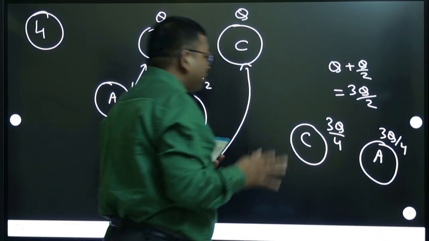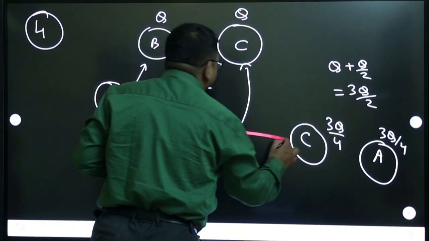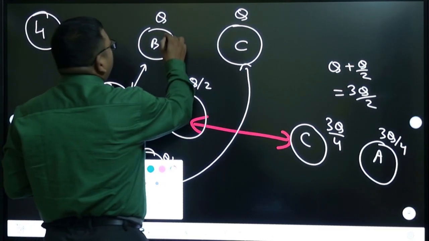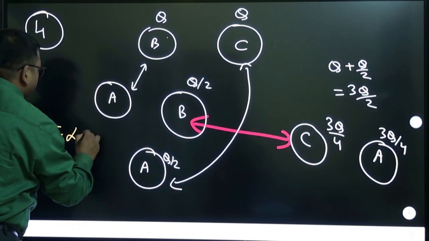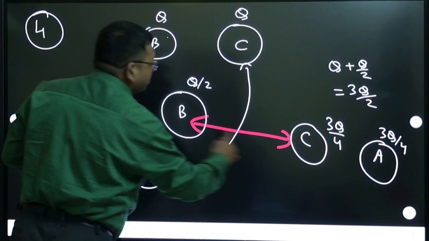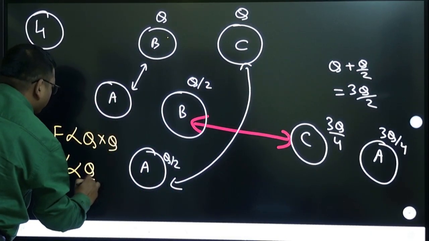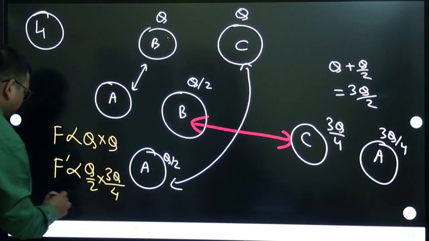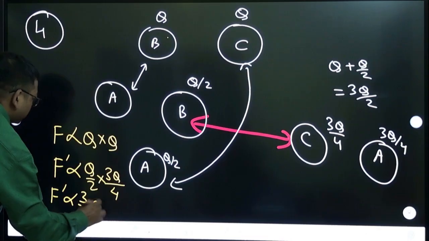Now, what is the force between B and C? We have to consider B and C now. Previously the force was F, proportional to the product of charges Q into Q. Now let us say the force has become F dash, with the product of charges Q by 2 into 3Q by 4, which becomes 3 by 8 of Q square.